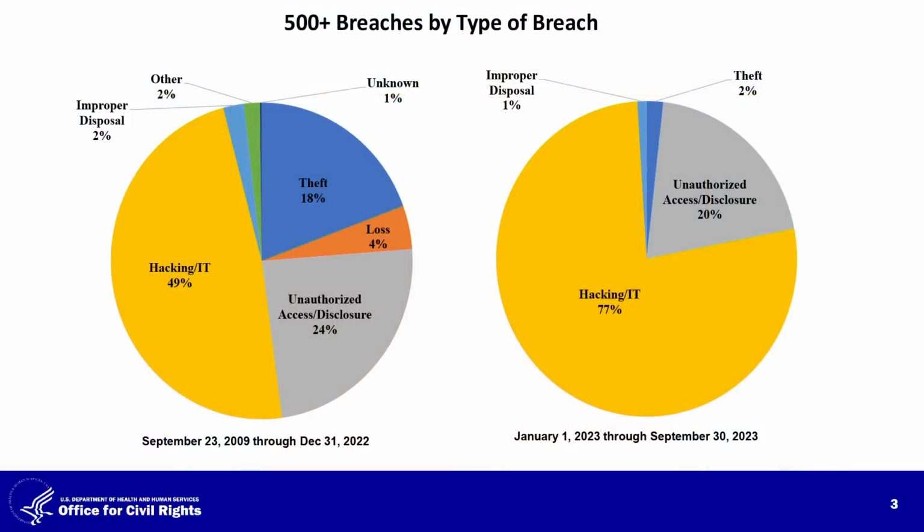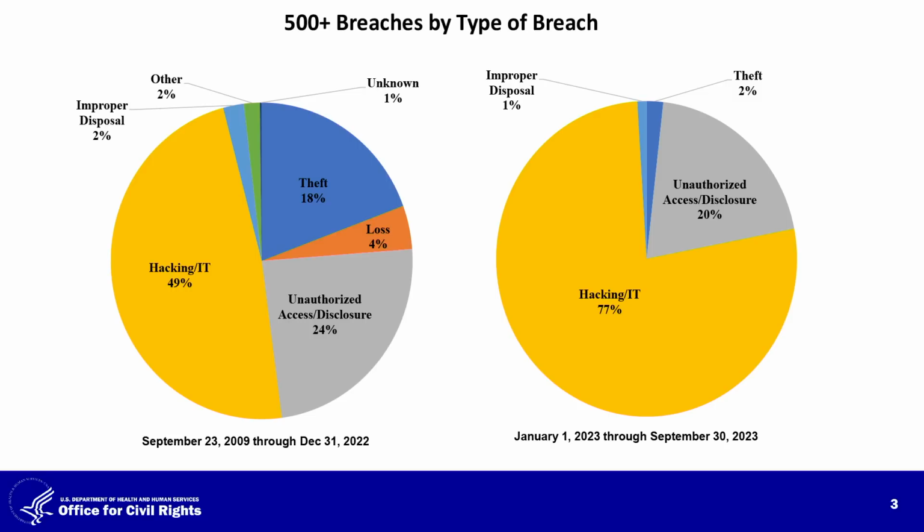I wanted to start out by highlighting the types of large breaches reported to OCR over the past 5 years and note how that has changed. Large breaches are breaches of unsecured protected health information affecting 500 or more individuals. The pie chart on the left represents reports of large breaches by breach type cumulatively from September 2009 through December 2022.